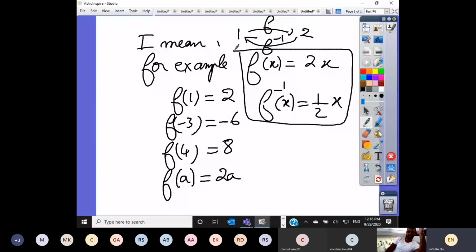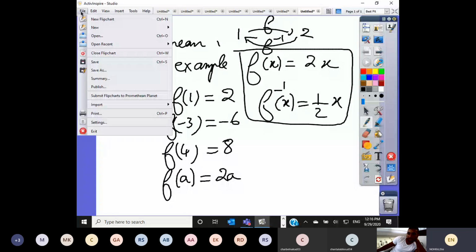In this example it was very easy to find f minus 1 of x. In other functions it's more difficult, but to follow a procedure to find f minus 1 of x, I'm going to teach you the method in a couple of minutes. Sorry, we did the inverse of 2x, okay.